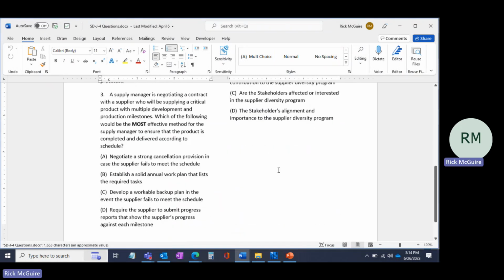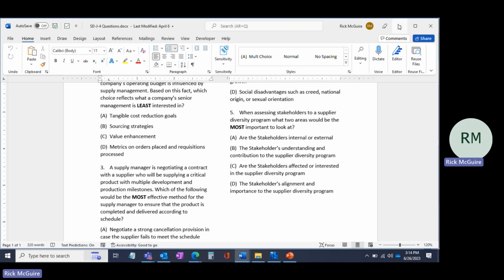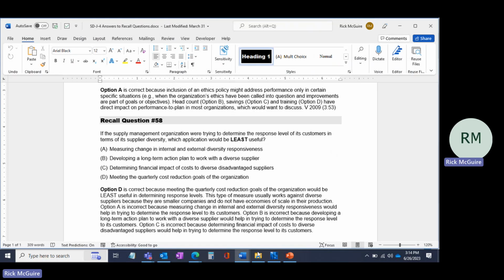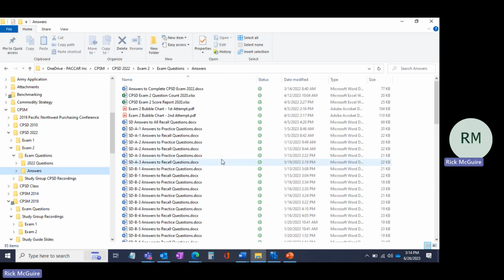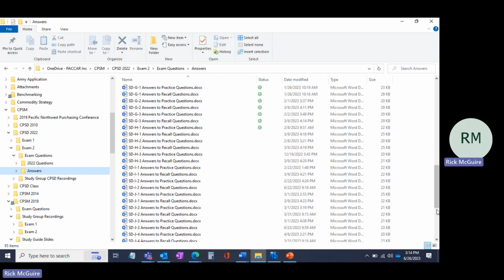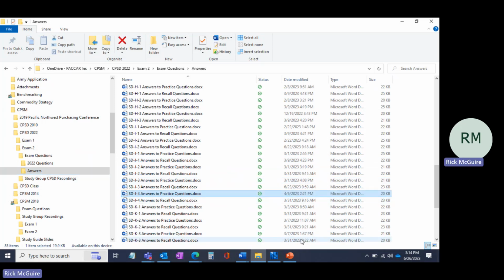There's only 5, so you can do all 5 of them. Answers are located here in the answer folder. Go find J4, and you want answers to practice questions. All right, next up, we start a new section, K.